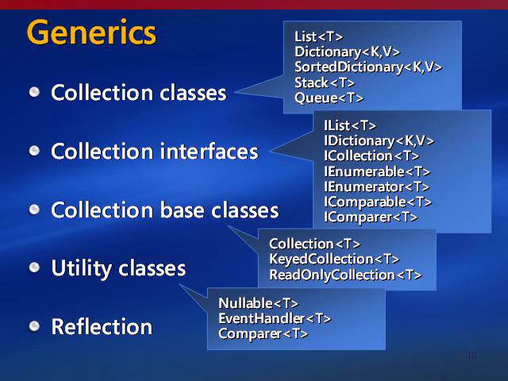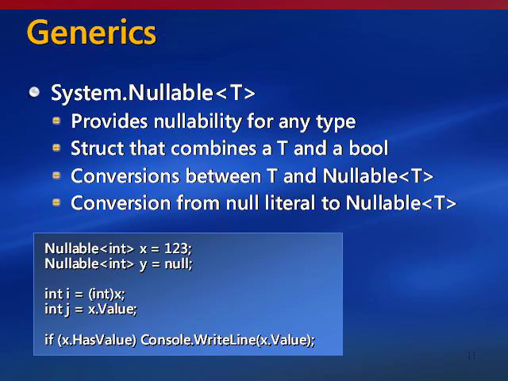Now, the Nullable type I personally like a lot because it solves a very real-world problem. Today, when people are writing database applications or dealing with XML schema, whenever you have a value type such as int or long or double, it's a pain that it can't be null. There's no good way to express nullable value types.